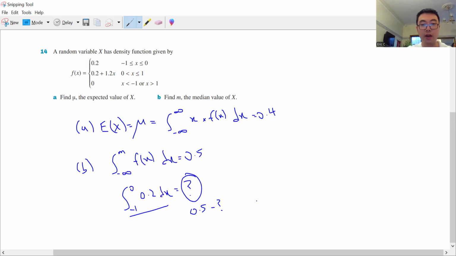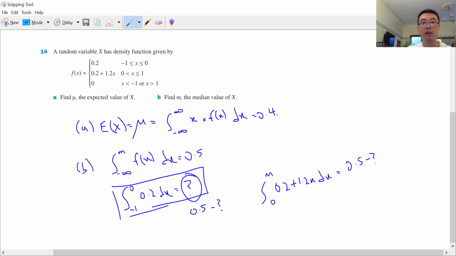And that will be found from the next function here: the integral from 0 to m of (0.2 plus 1.2x) dx is equal to 0.5 minus the first integral here. Okay, so let's go over to our CAS here.